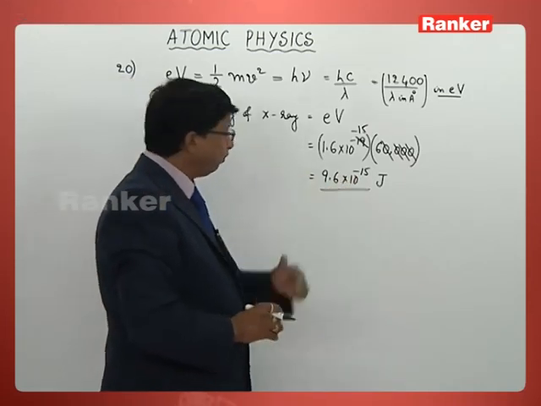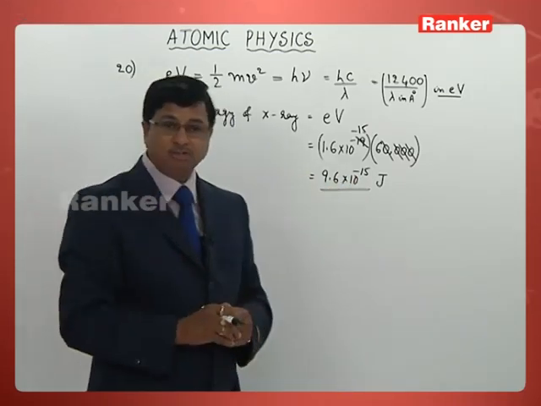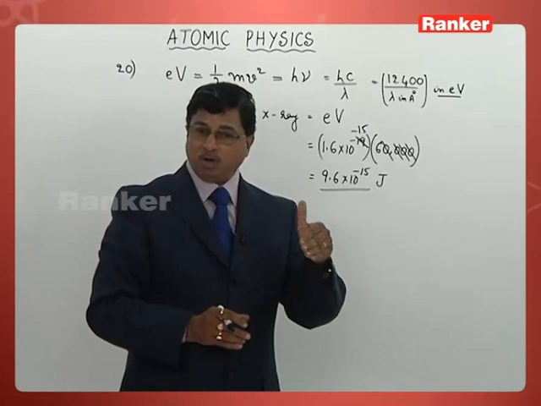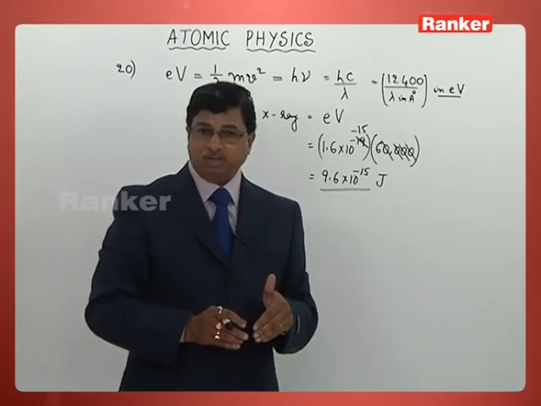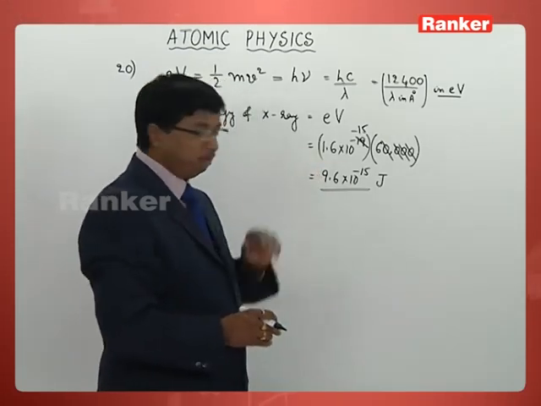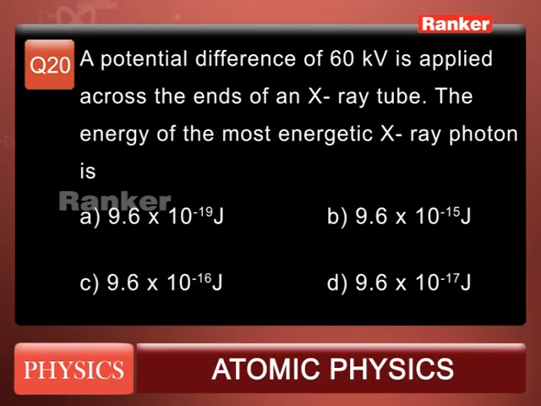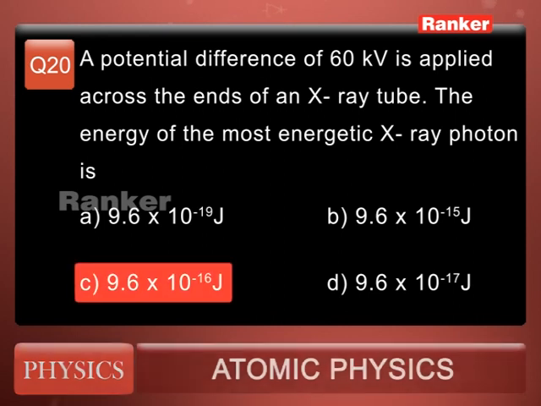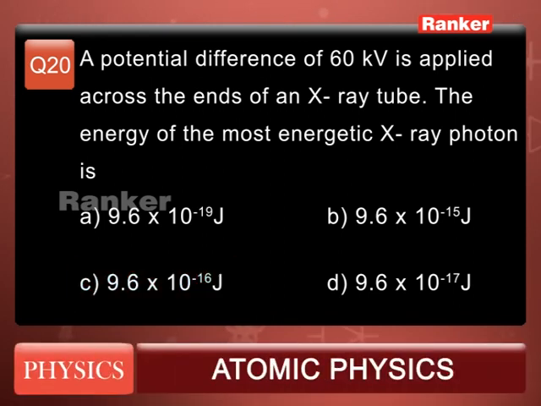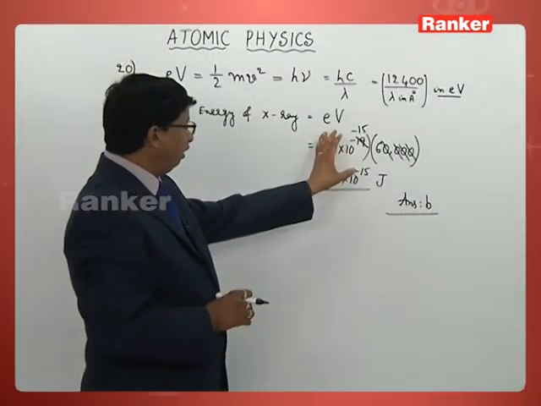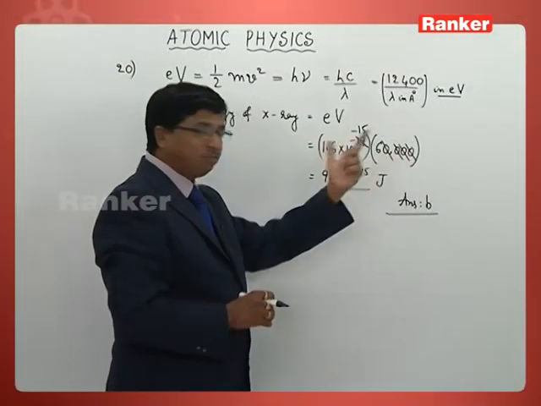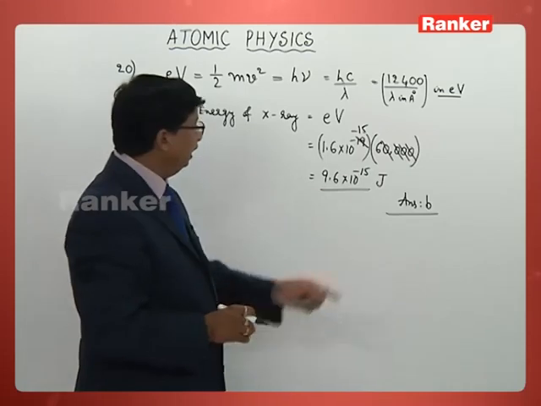If you look at this value, what are the values mentioned there? 9.6 into 10 to the power minus 19, first option. 9.6 into 10 to the power minus 15 joule, the second option. Certainly the answer will coincide with the second option. So you can directly understand 60,000 volt is applied across the X-ray tube.